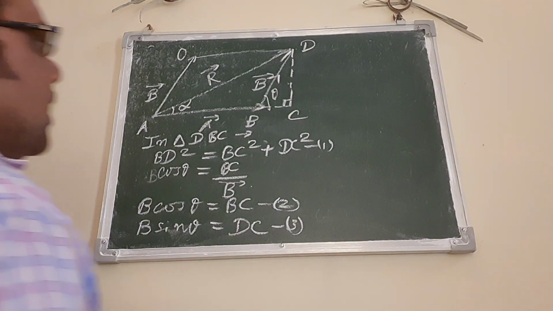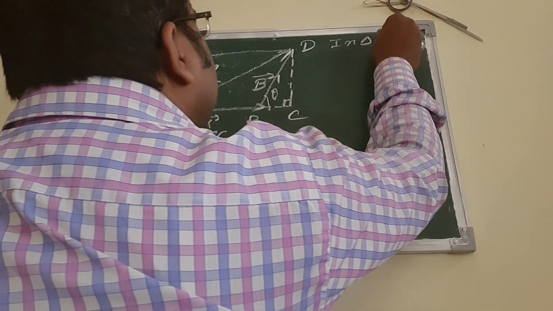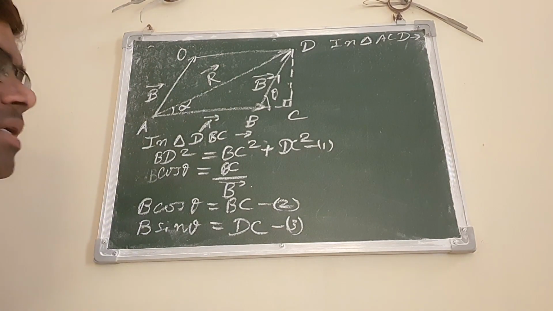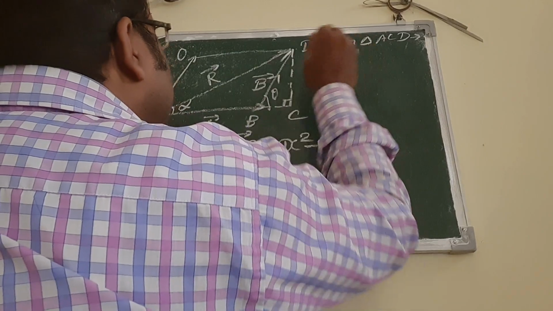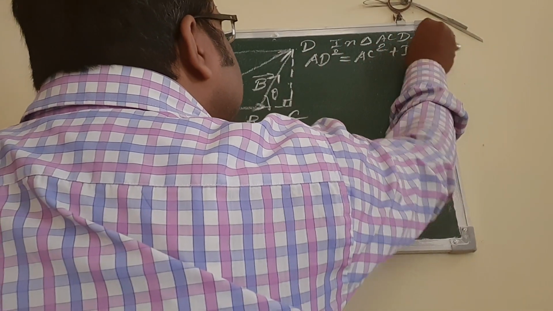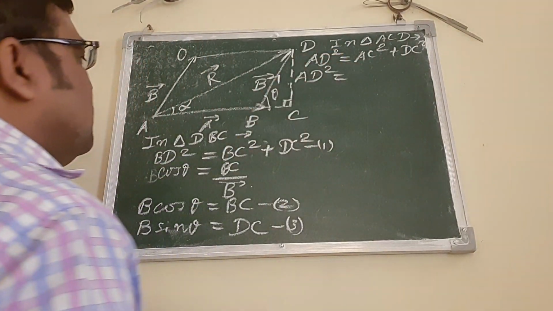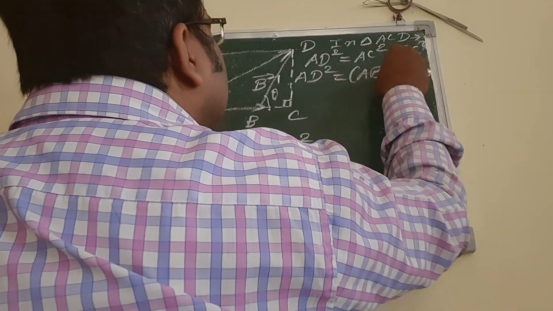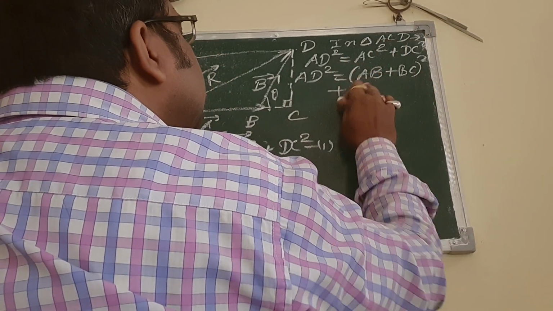Now in the bigger triangle, triangle ACD, applying Pythagoras theorem, AD square is equal to AC square plus DC square. So AD square is equal to AC square, we are writing AB plus BC, whole square, plus DC square.